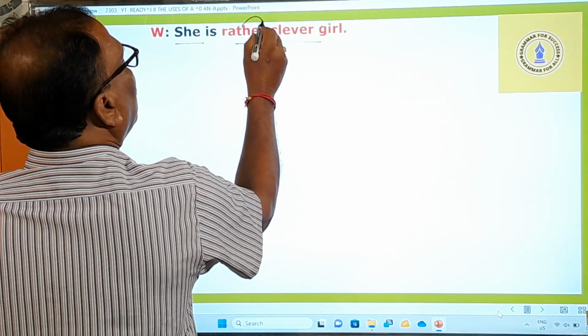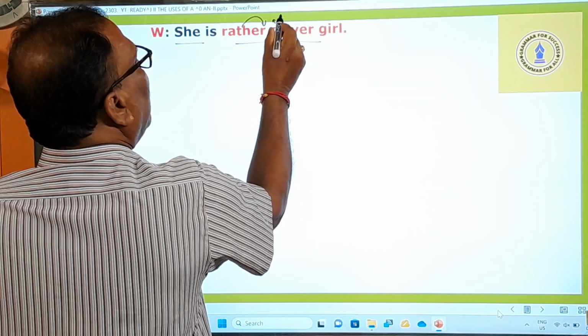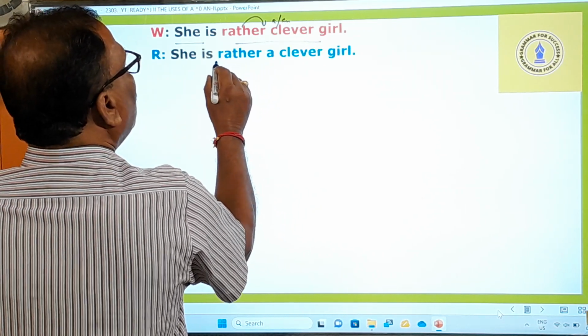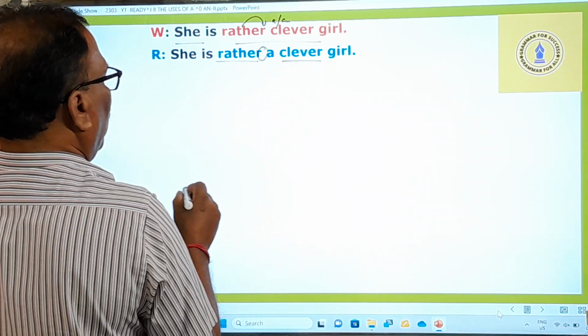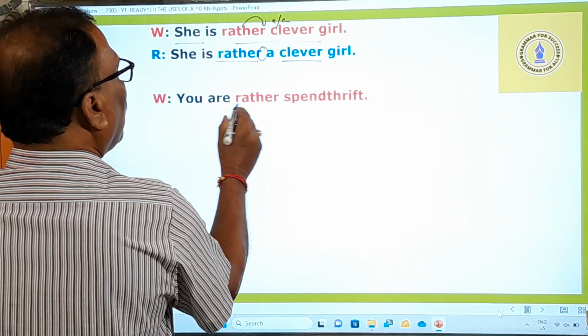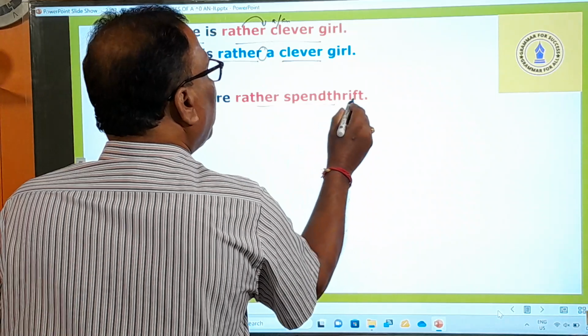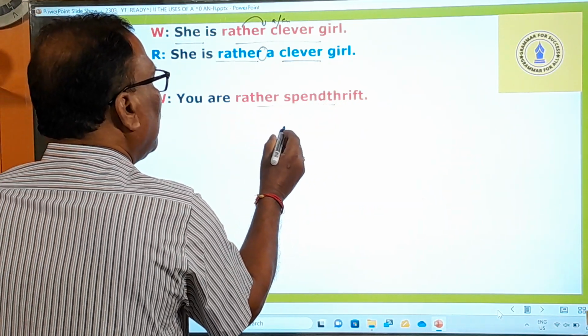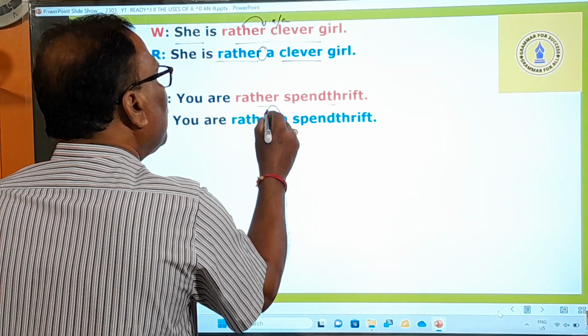Already I have told you, after rather, there must be either a or an. So to correct it, what should you do? She is rather a clever girl. And next, you are rather spendthrift. It's a wrong sentence. Rather spendthrift is wrong. Rather a spendthrift. This is very important.